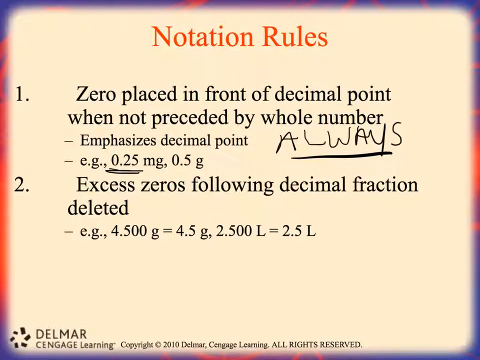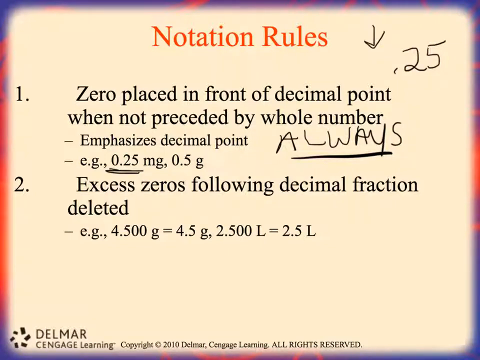Otherwise, you can imagine that if you just kind of barely had a decimal point, and you put 25 and there was no 0 here, that could be mistaken for 25, rather than 25 100ths, which is what it actually is.